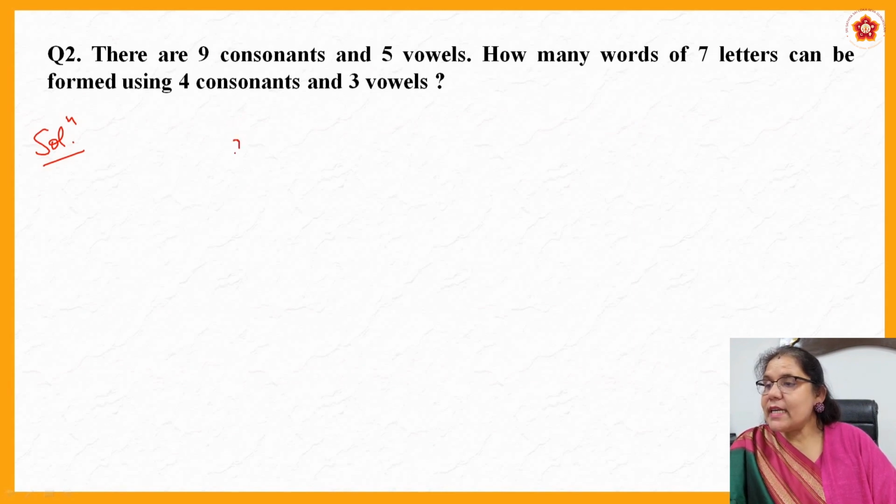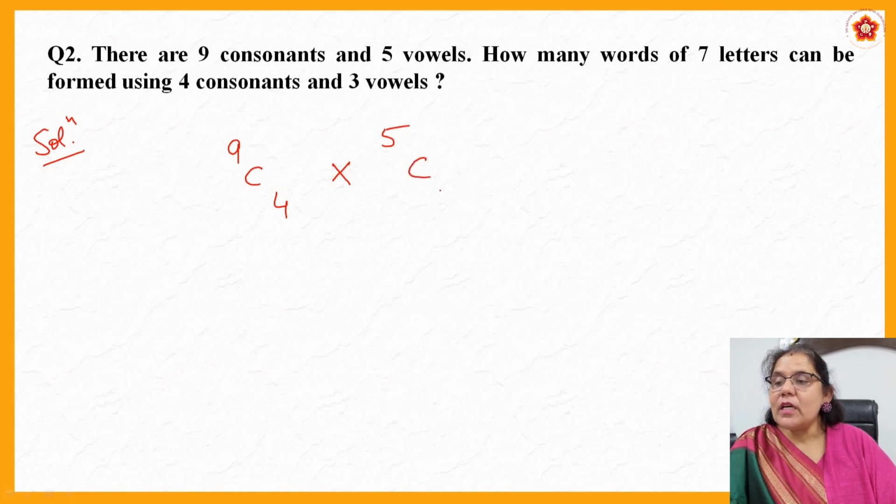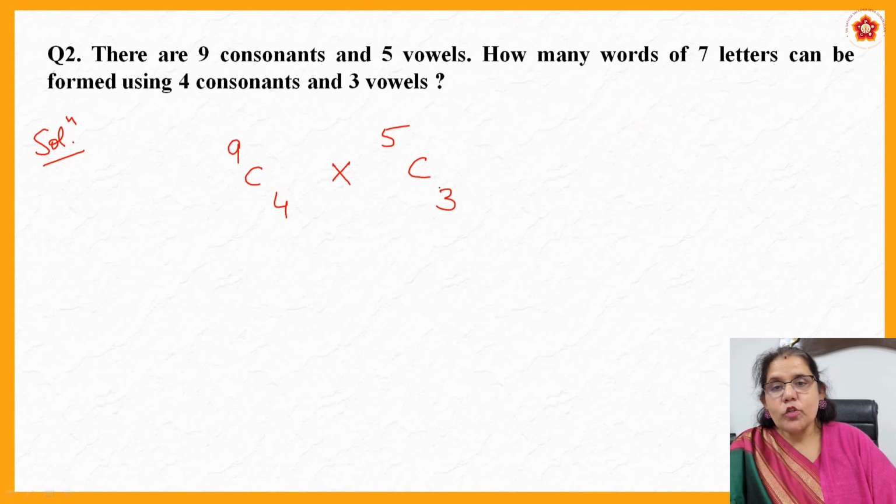Out of these 9 consonants, we have to choose 4 consonants. Out of the 5 vowels, we have to choose 3 vowels. So we have got 4 consonants and 3 vowels. 4 plus 3 is 7. So we have got 7 letters at our disposal. In how many ways can those 7 letters be arranged?